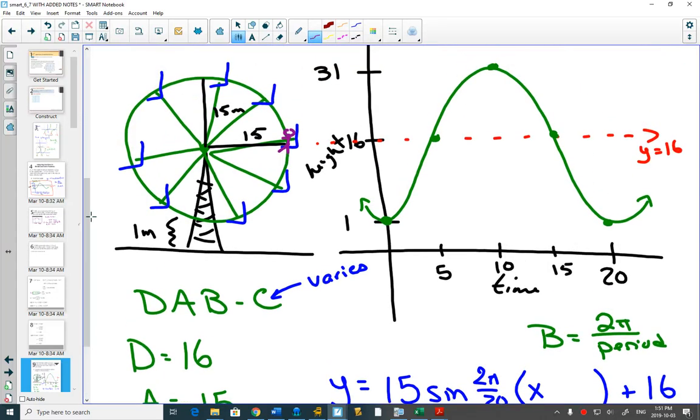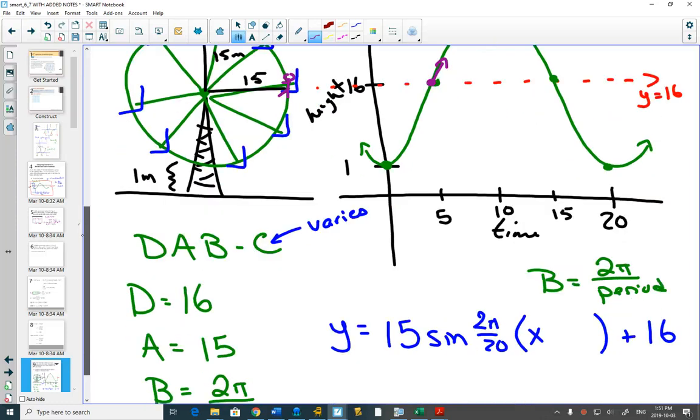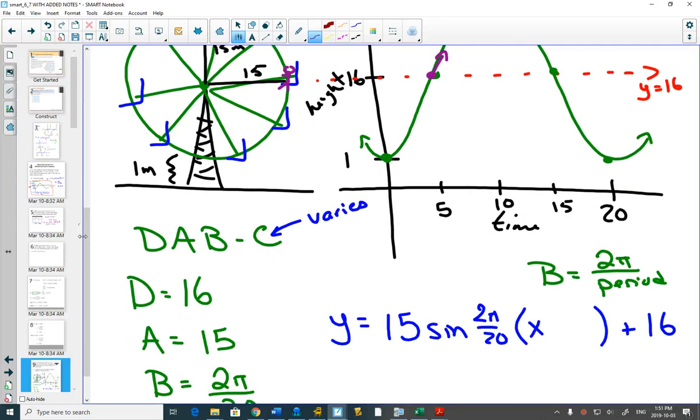A sine graph starts in the middle going up. Do we have a place on this graph where the graph is in the middle going up? Right there, I'll label it in purple. Where is that point? Shifted 5 to the right. So if I want to write a sine graph, how do I shift something 5 to the right? Minus 5.